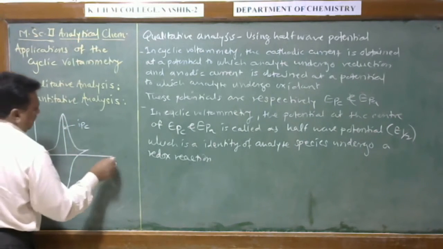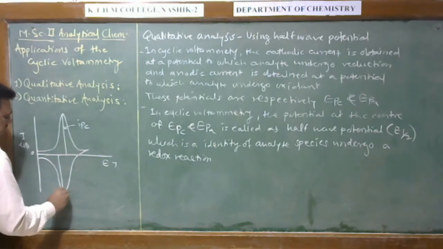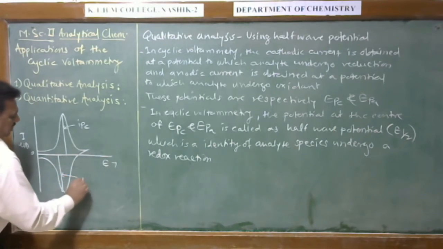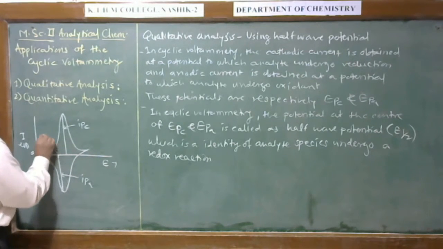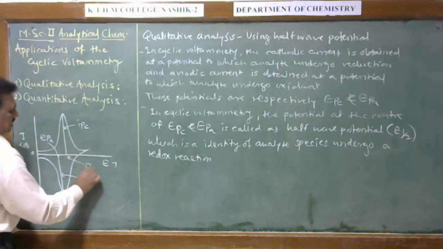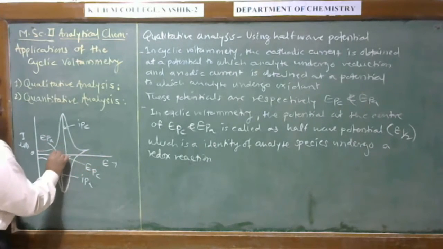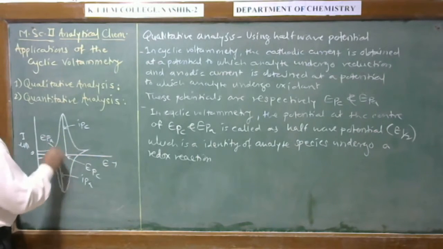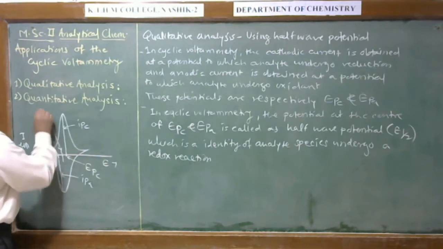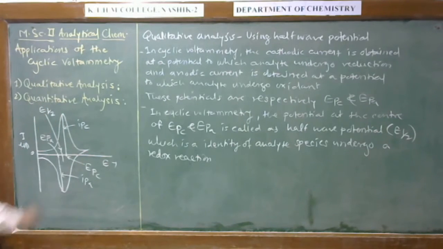If we are increasing the potential, this is IPA, and here this is called EPA and this is called EPC. At the center of this EPA and EPC, whatever potential we have, that is the half-wave potential.